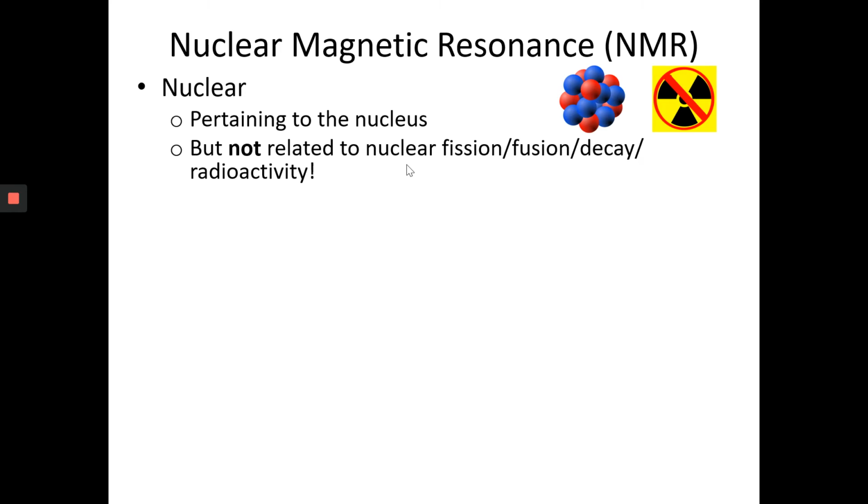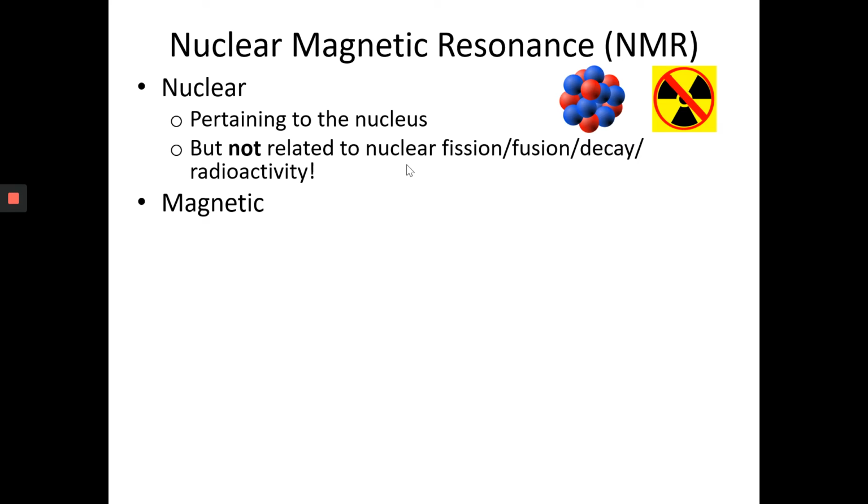So a lot of times in our everyday language, we're talking about nuclear reactors or nuclear weapons, or maybe what's happening inside the sun. Those are changes to the nucleus where the number of protons and neutrons in the nucleus changes. In this context, in NMR, we're not doing nuclear reactions. So we are talking about the nucleus, but the nucleus isn't changing. So this has nothing to do with radioactivity or nuclear weapons or what's going on inside the sun.